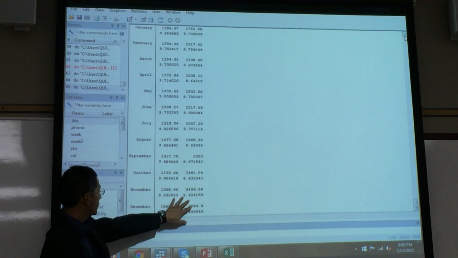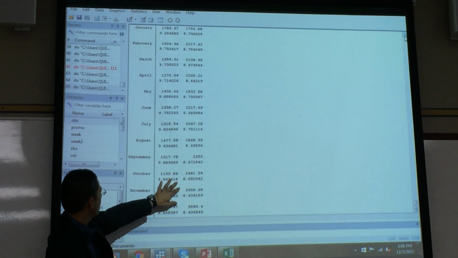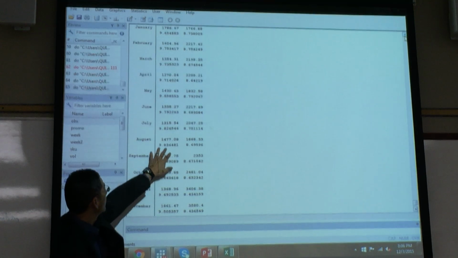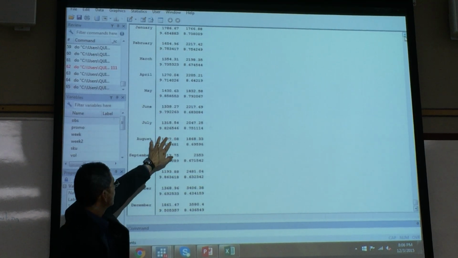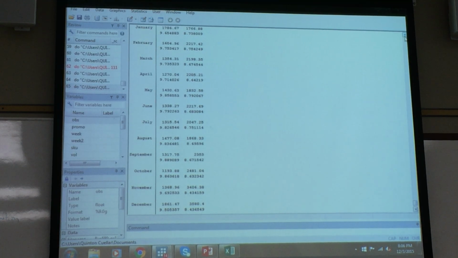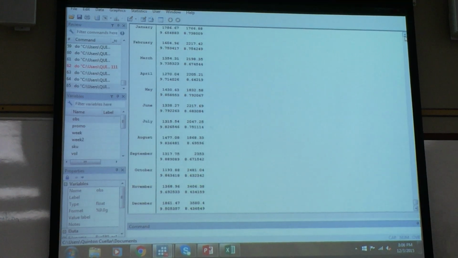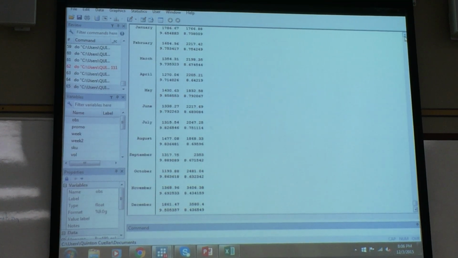More than $1 here, $8.43, $9.69. More than $1 here, more than $1, more than $1, almost exactly $1. Yeah, we're seeing about $1 difference in price between promoted and non-promoted volume.